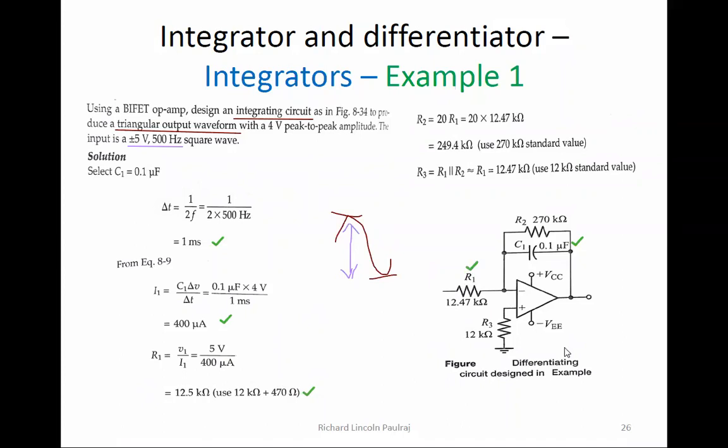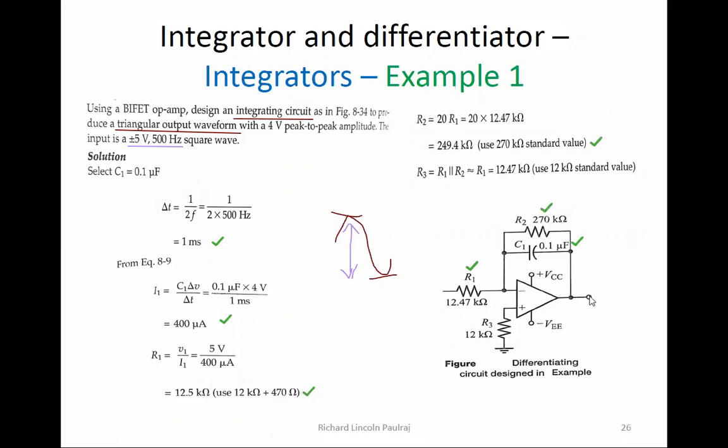Now R2. Remember, I told you R2 is going to be 20 times R1. So with R1 as 12.5, I'm going to get approximately 250. Here I'm going to use 270. So I have the R2 value also.